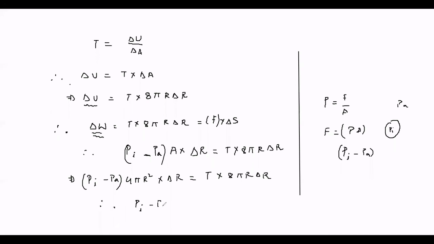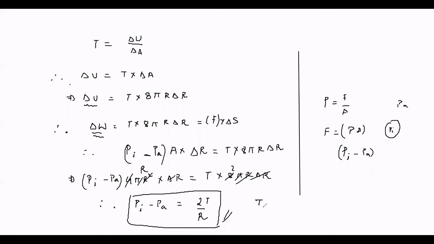Hence, whatever is getting cancelled out, I will just cancel: 2, pi got cancelled, R square and R got cancelled, so R will remain like this. Delta R got cancelled. So finally, I got 2T upon R. So this is my final formula for excess pressure in a liquid bubble, where T is the tension and R is the radius.